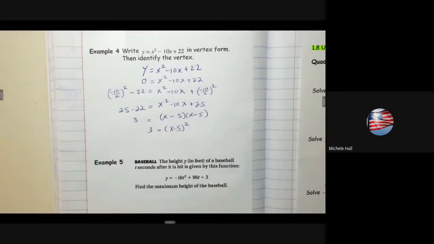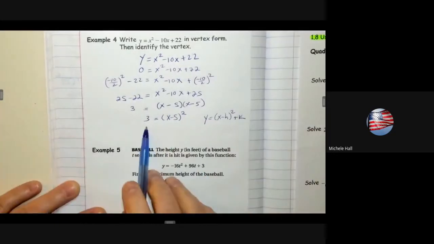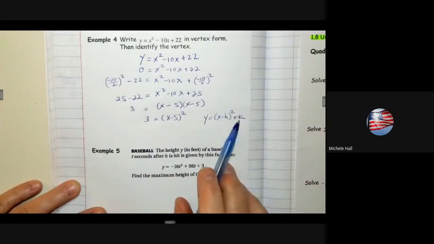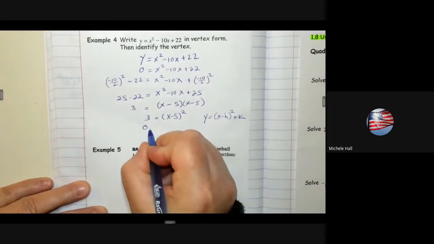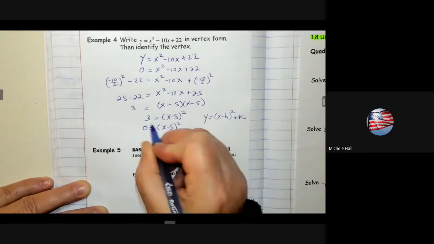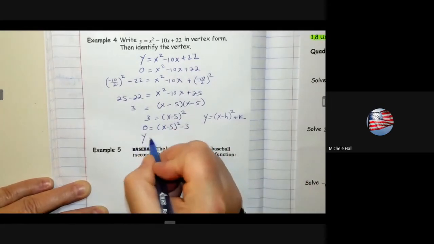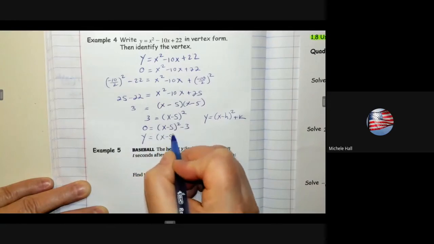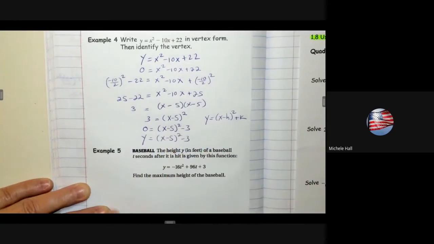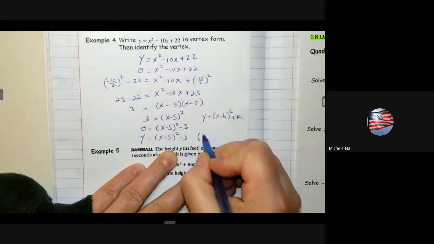The only thing I have to do to have it in vertex form is to have the number on the other side. That's your k value. So we have y equals x minus 5 squared, subtracting 3, and that would be y equals x minus 5 squared minus 3. Identify the vertex. The vertex would be 5, negative 3.